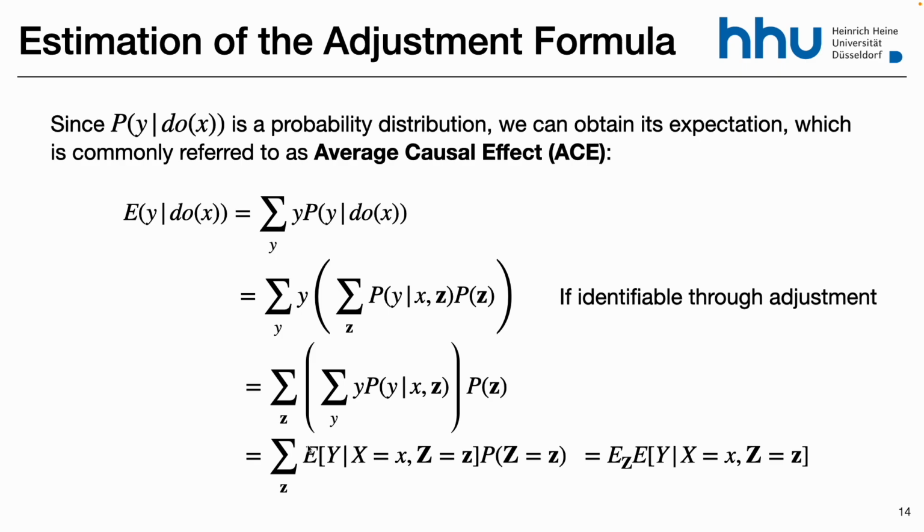And if you see this expectation, there is another property of expectations: if this is a function, you just need the probability of the arguments of the function. And this is actually a function of z, because x is constant, since it comes from here. So the expectation of y given x and z is a function of z.